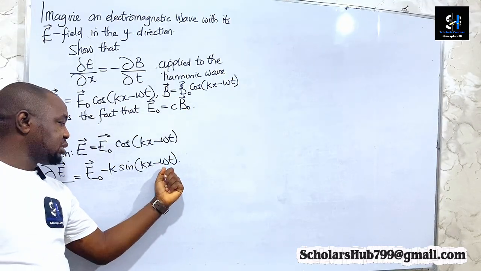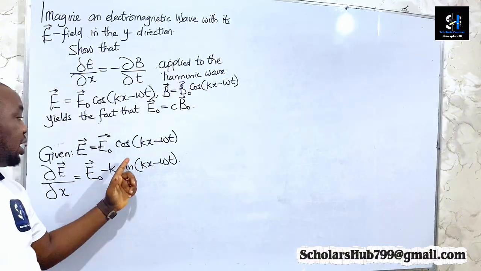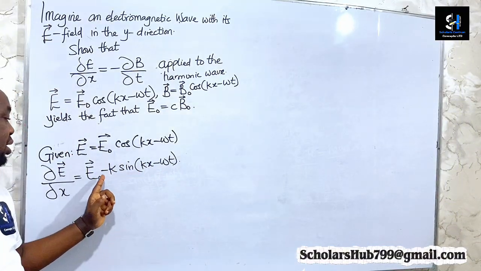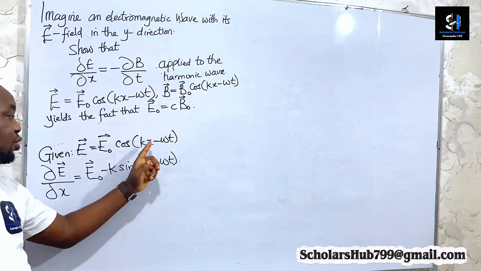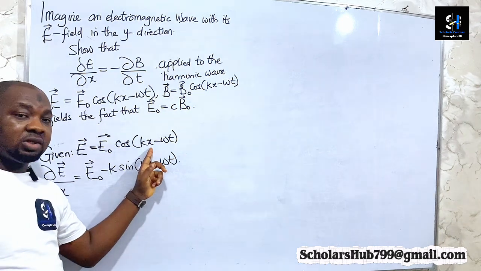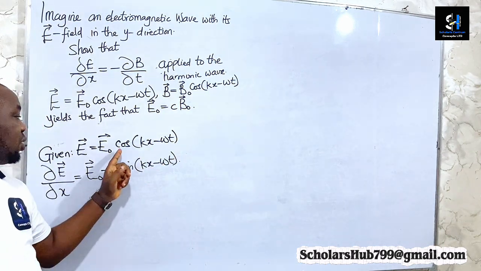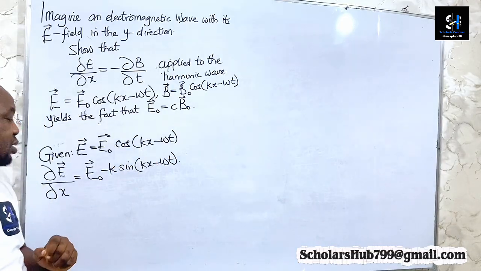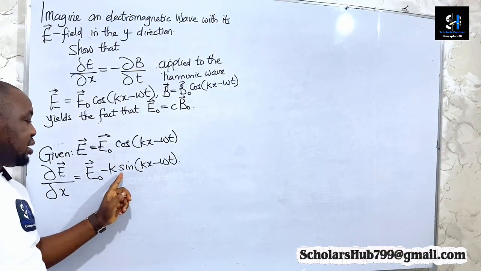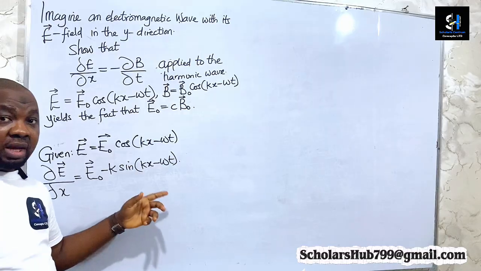So when this is kept as a constant, differentiating cos will give us a negative sign. Then, because we are differentiating with respect to x, differentiating cos kx will be equal to negative k sine kx.